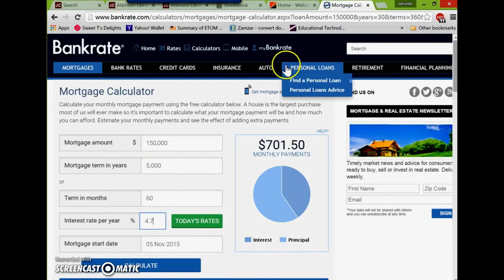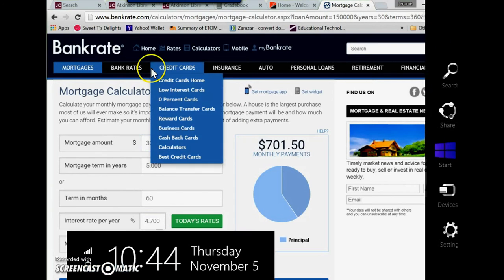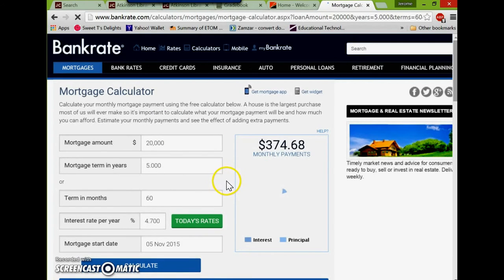And then now I need to play around with some numbers. So let's say that I type in 30,000. Then I click on calculate. Now, my payment was $295 and some change. So $30,000 wouldn't work. Let's try 20,000. Then we'll calculate it.